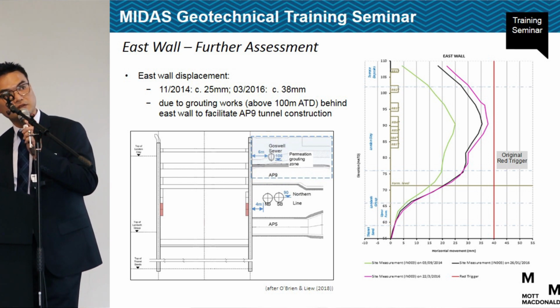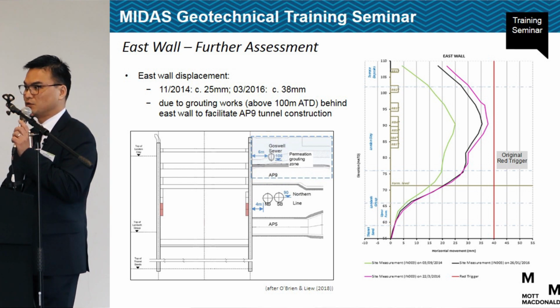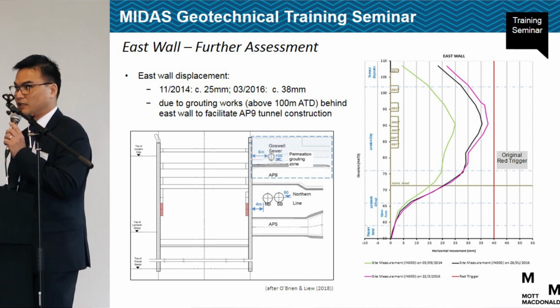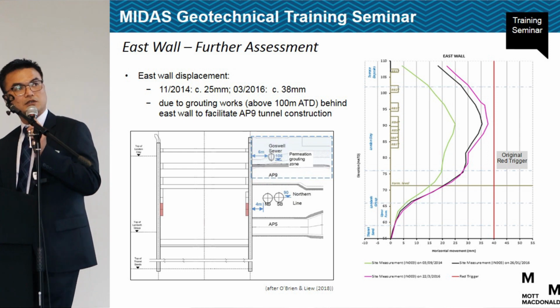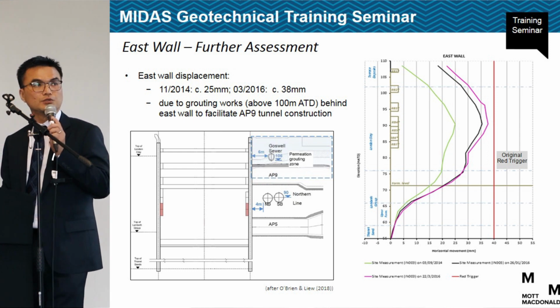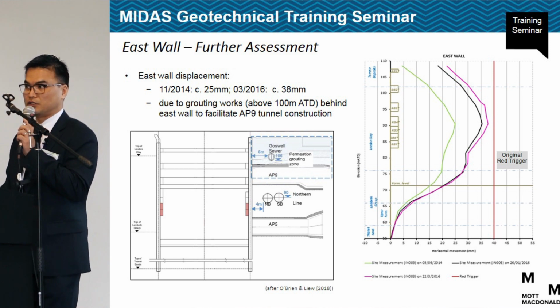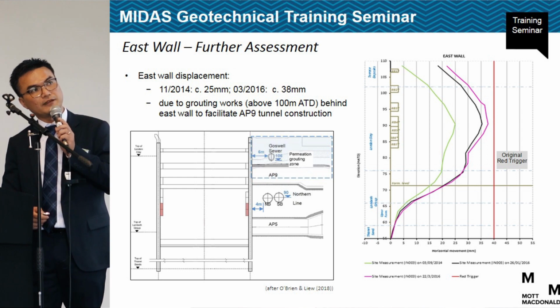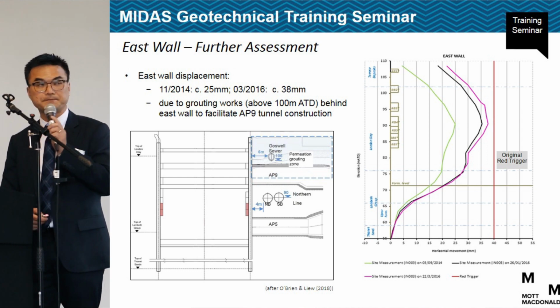A red trigger breach means that all the grouting work needs to be stopped, and this would cause a significant delay to the SCL tunnelling works. So we were asked by Crossrail at that time to carry out further assessment on the shaft to decide whether we could further relax the red trigger limits.